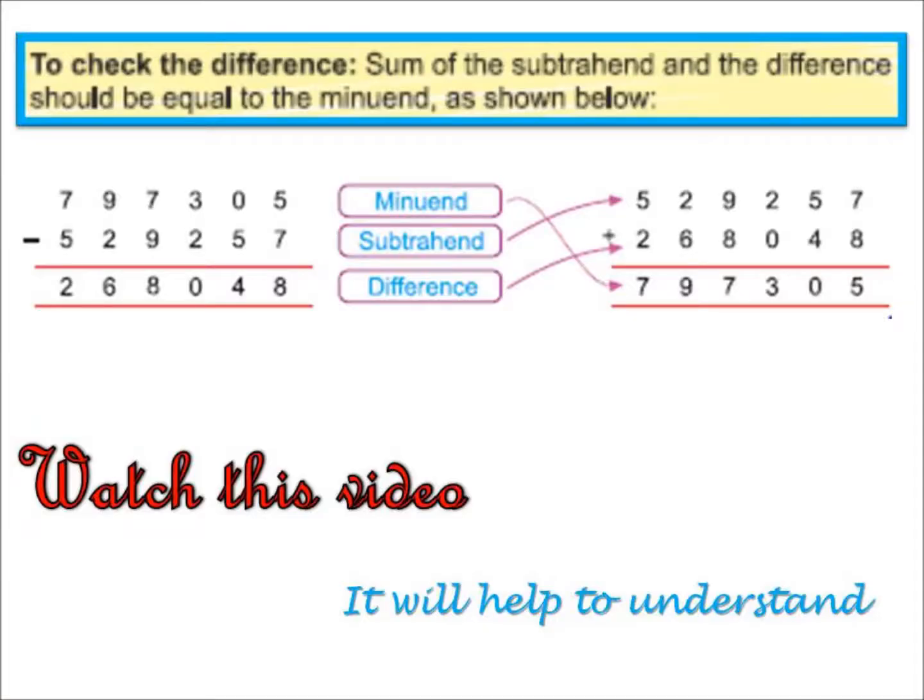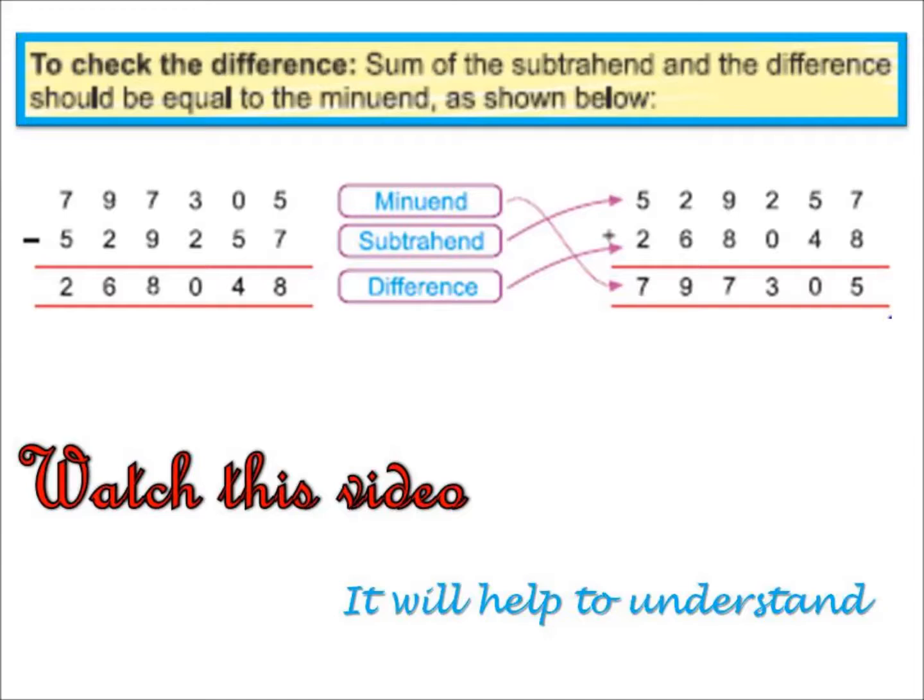Students, I have already completed the subtraction and all of you have done it. But whether your answer is correct or not, how will you know? So there is a process. First you subtract, and then you add the subtrahend and the difference.